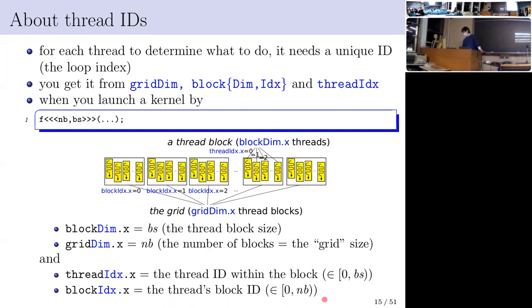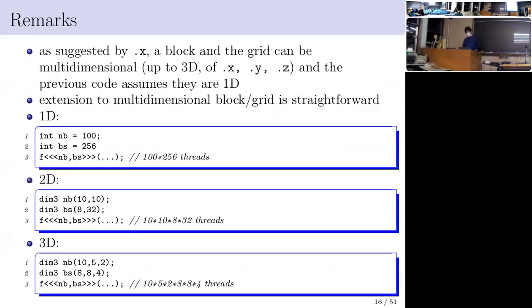So it is a number from 0 to block size minus 1. And block index gives you which block you are in within the entire grid. So by having these two numbers, you can calculate your ID in the entire space.